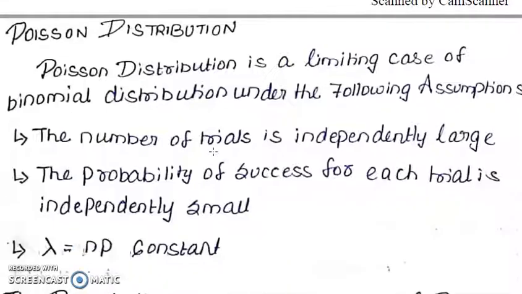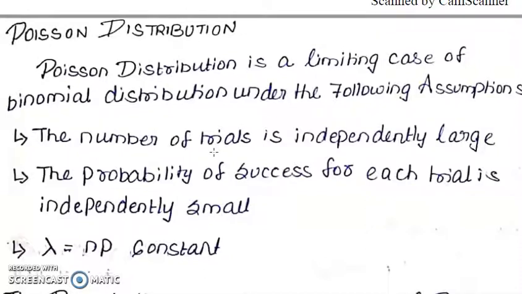So the next distribution is Poisson distribution. Poisson distribution is a limiting case of binomial distribution under the following assumptions. The number of trials is indefinitely large, that means n is large. The probability of success for each trial is indefinitely small, the probability is very small here.